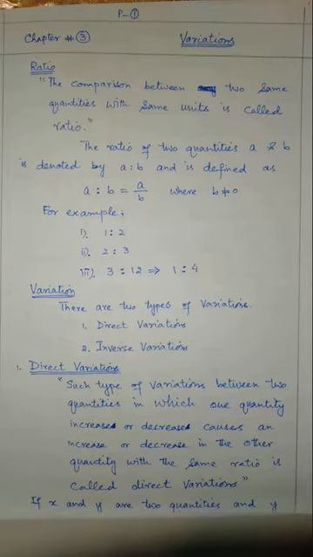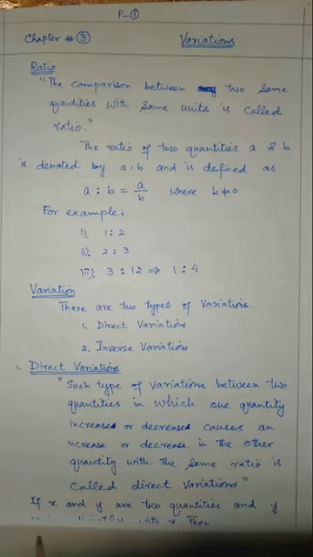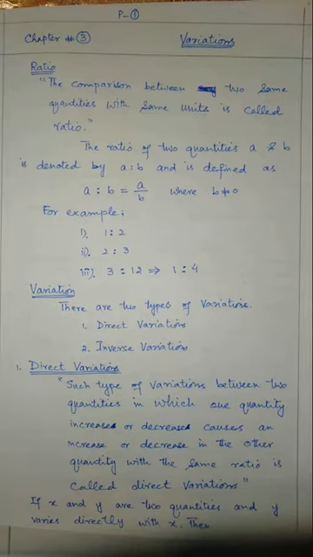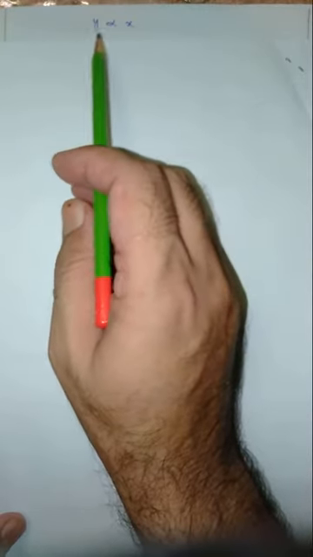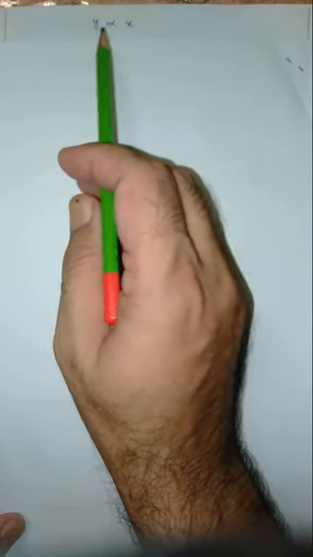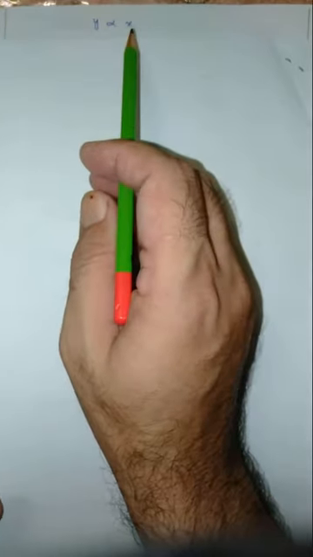For example, we have two quantities x and y. Let x and y be two quantities and y varies directly with x, then y is proportional to x. If both quantities are written direct, then it means direct proportional.